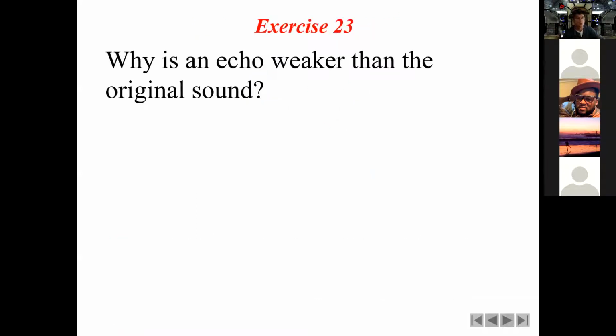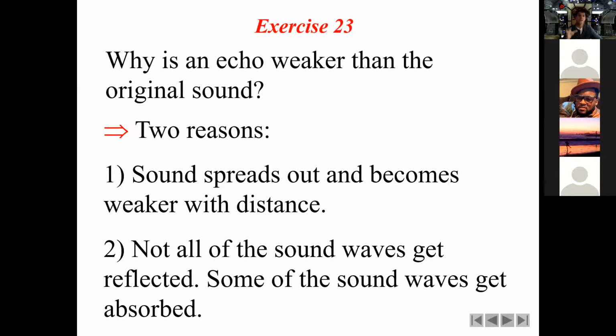Okay, quick little question. Why is an echo weaker than the original sound? And I don't want to spend a whole lot of time. The answer is, anytime sound hits a surface, some of it's going to get reflected, some of it's going to get absorbed. So two different reasons. Sound gets weaker with distance, right?